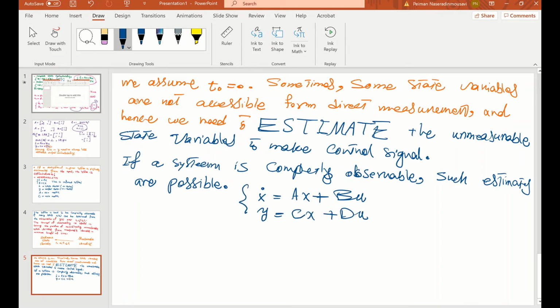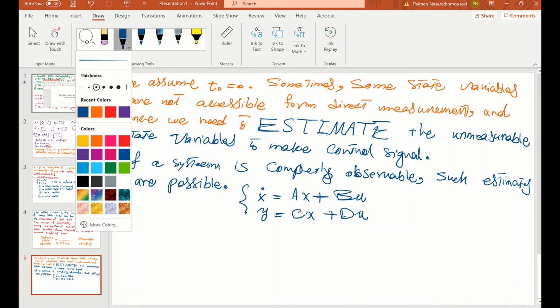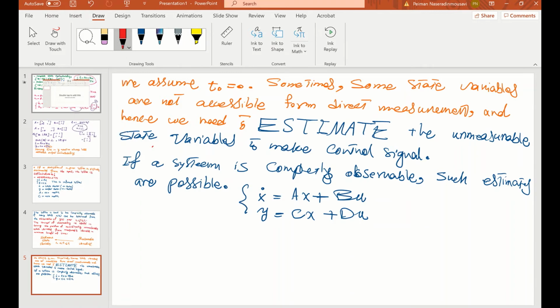We know that we derived together that its solution x of t was the matrix exponential e to the At times x at time 0, plus the integral from 0 to t of e to the A(t minus tau) B u of tau d tau, as you have in the notes.